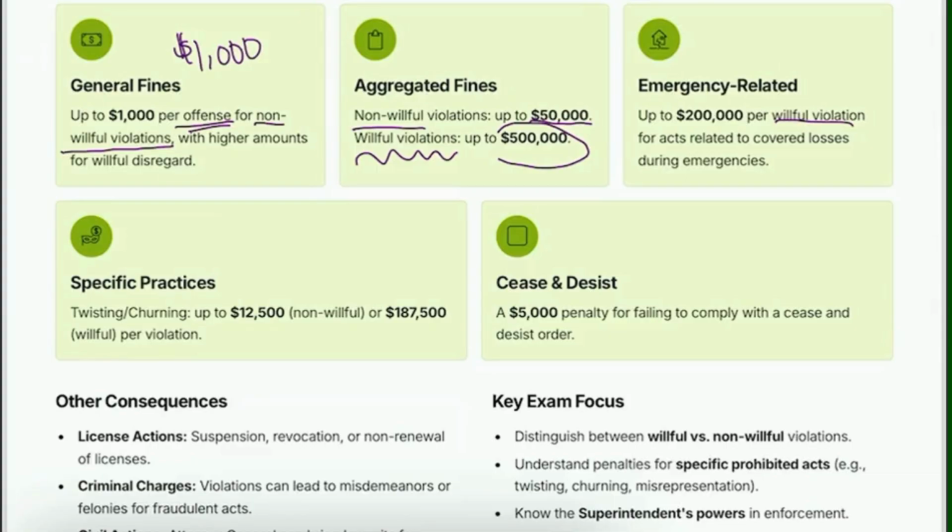Cease and desist, a $5,000 penalty for failing to comply with a cease and desist order. So if the superintendent sends out a cease and desist order and you keep doing it, it could be a $5,000 fine for that. Now, twisting and churning were not on the last slides for unfair trade practices, but they should have been. So we are going to explain those right now.